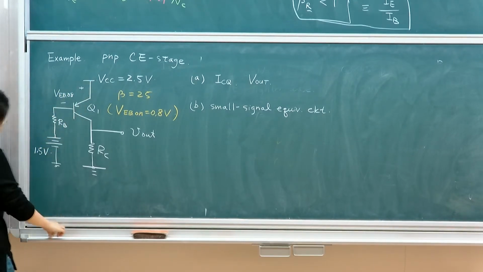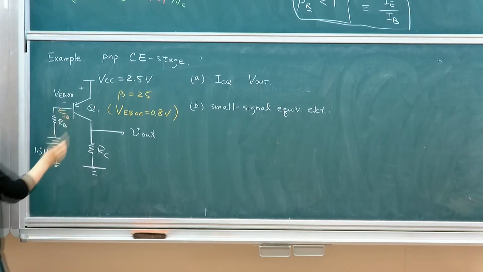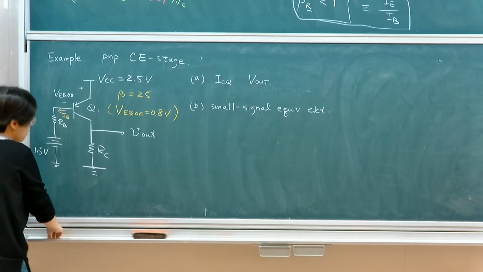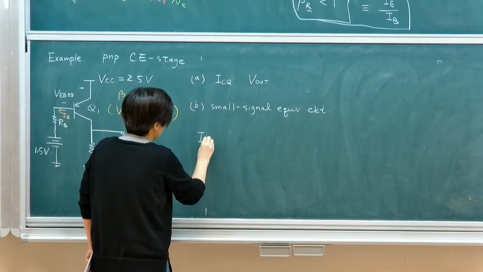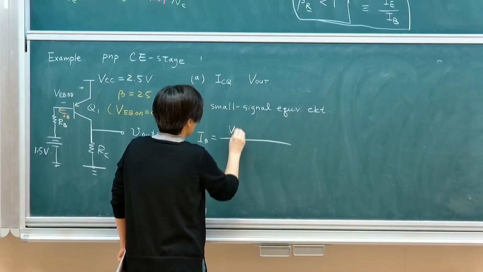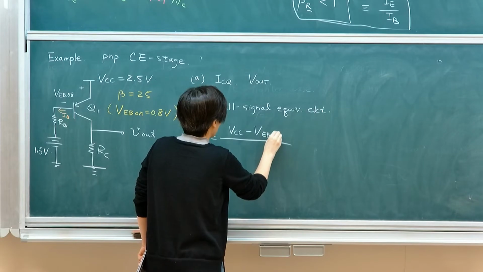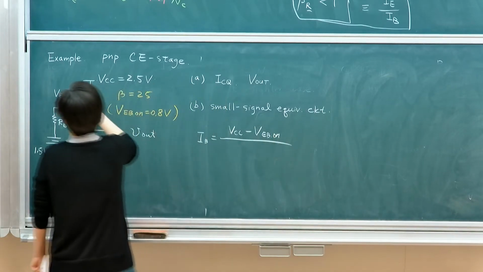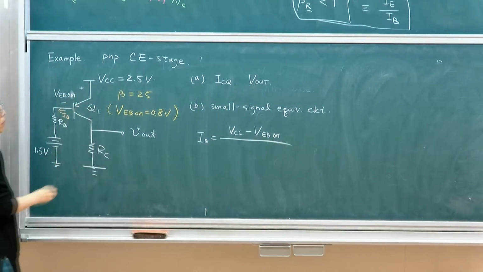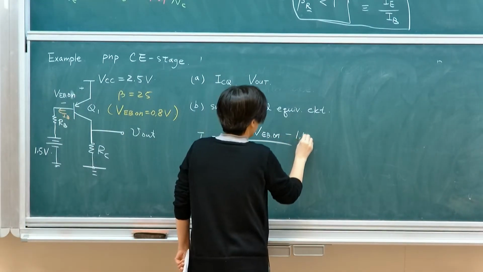So through this path, I should be able to identify what is my base current, right? The amount of base current, IB, will be determined by VCC minus VEB on, minus 1.5 volt.